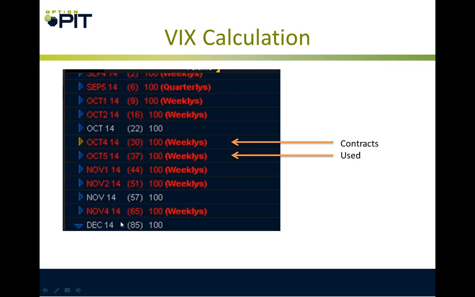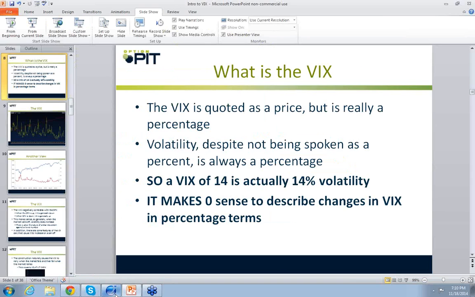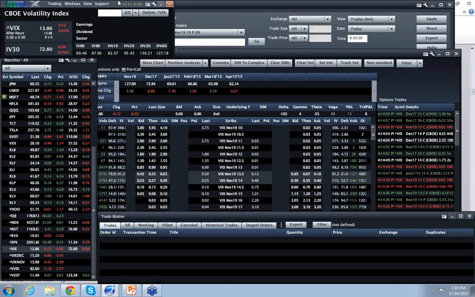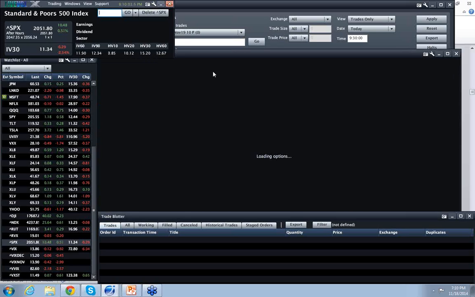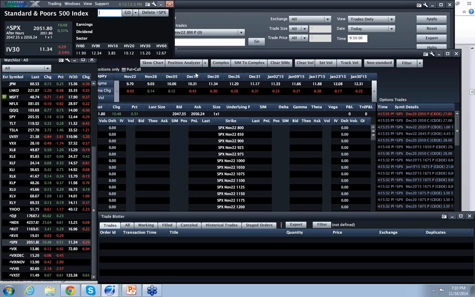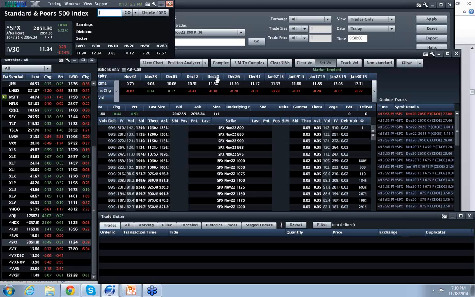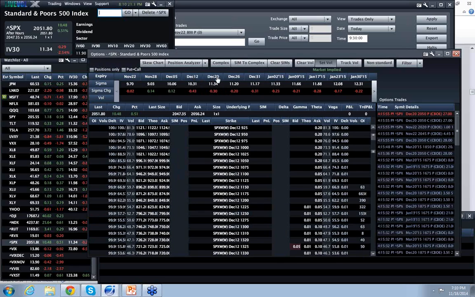So if I pull up my options now in SPX, I believe I would be using the December 12s and the December 20s.